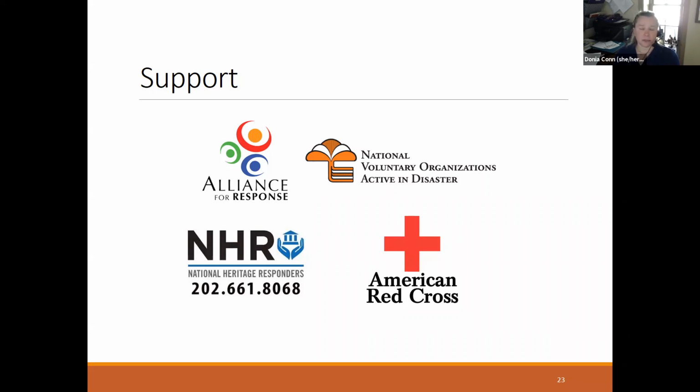So heaven forbid there is another earthquake and tsunami. If there was, though, you could call in the National Heritage Responders, and we'd send a team of conservators to help. And what we would do is the conservators that would go to help would be those who have areas of specialty that really tie in with your collections.